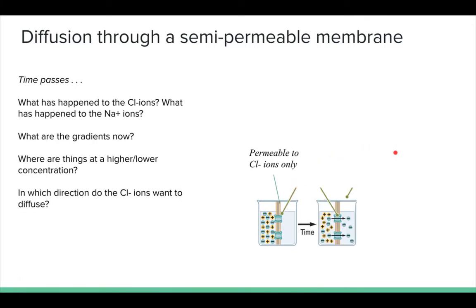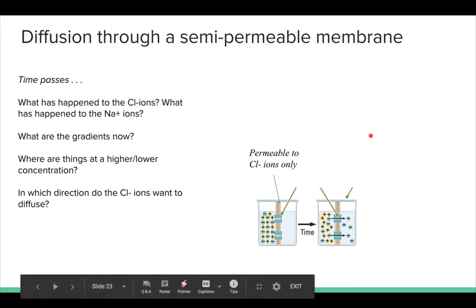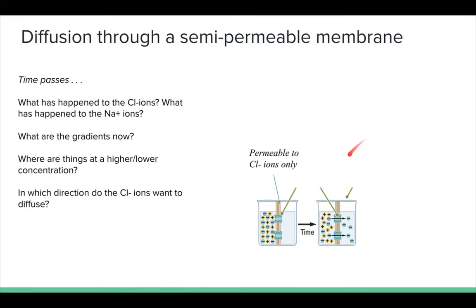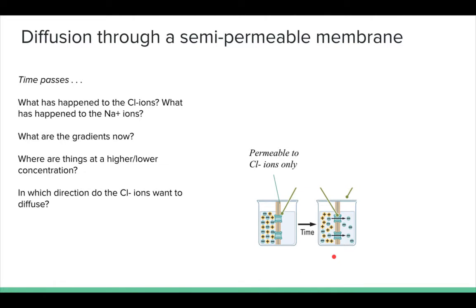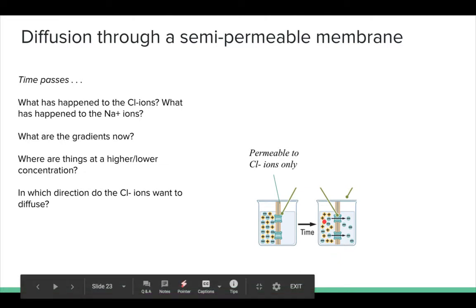All right. And let's imagine we've let that happen for a little while. So let's think at this moment in time that I'm circling here with my mouse, what are the gradients that exist now? Certainly, we still have this chemical gradient with sodium, and that's not going to change. But what about the chemical gradient with chloride?